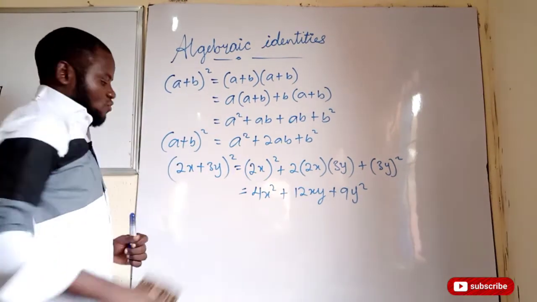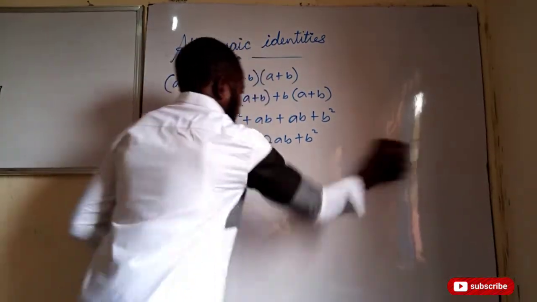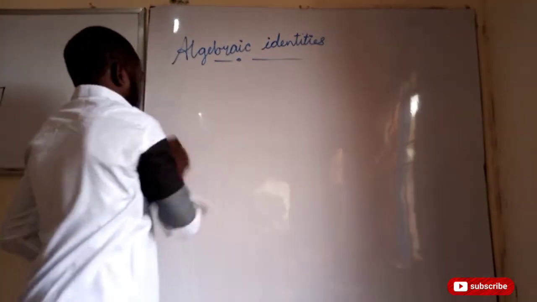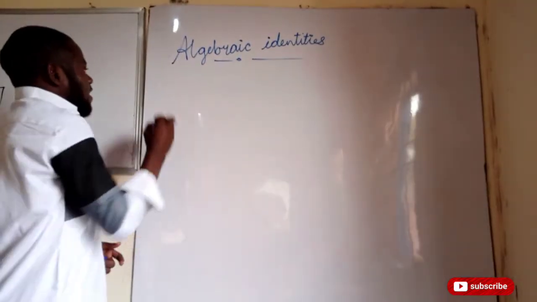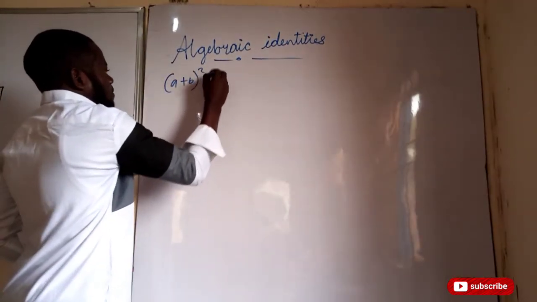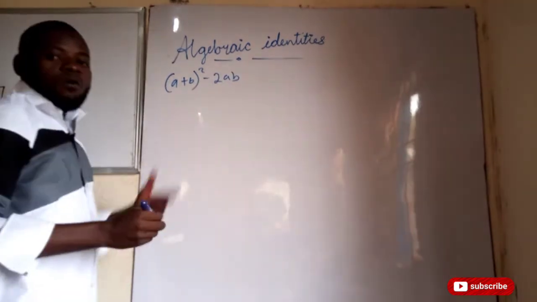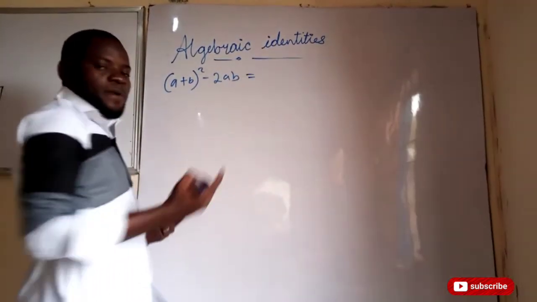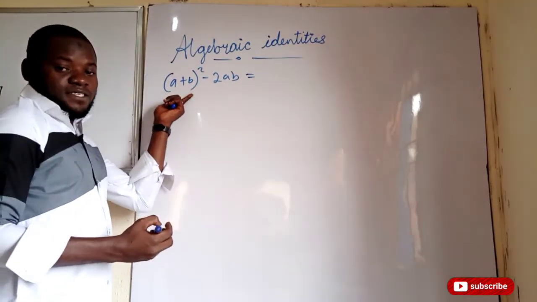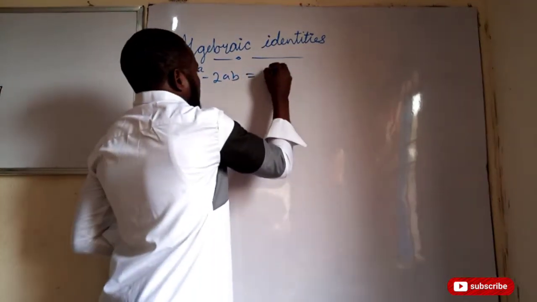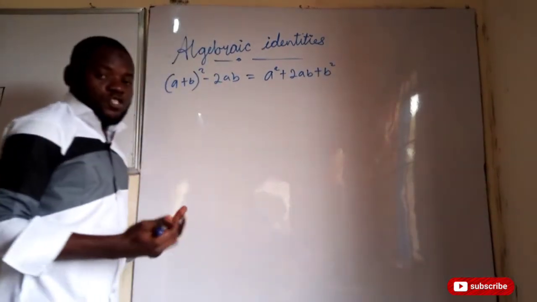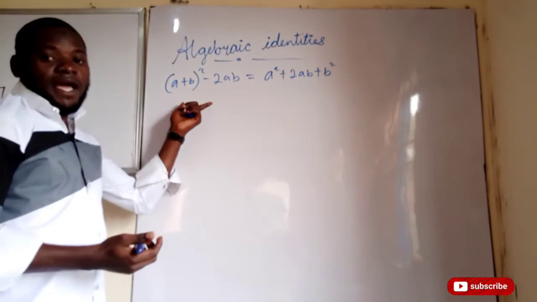So let's look at the next one. If I have an expression like (a + b)² minus 2ab, what will this give us? Remember, this one is what? Square of two sum, isn't it? So this will become a² + 2ab + b², just like we showed in the previous identity.